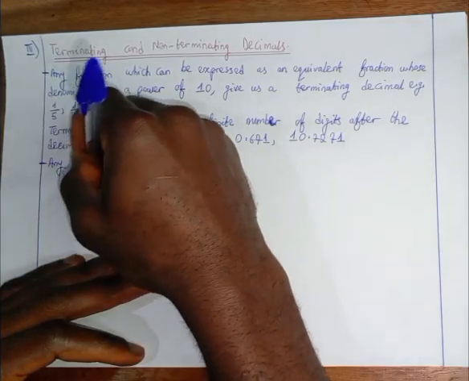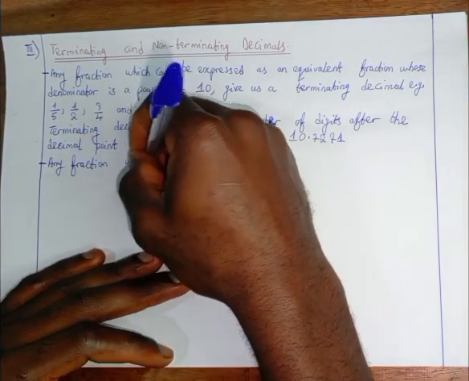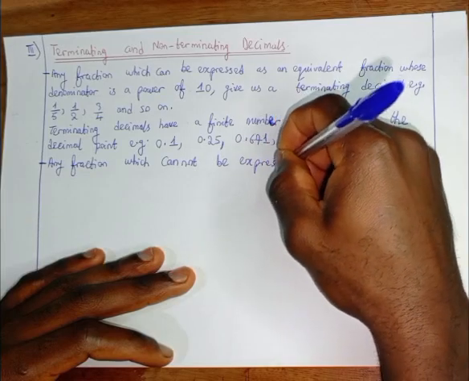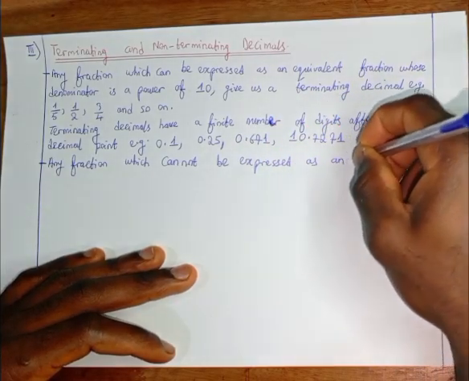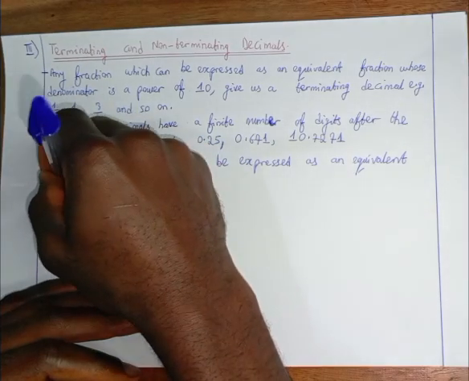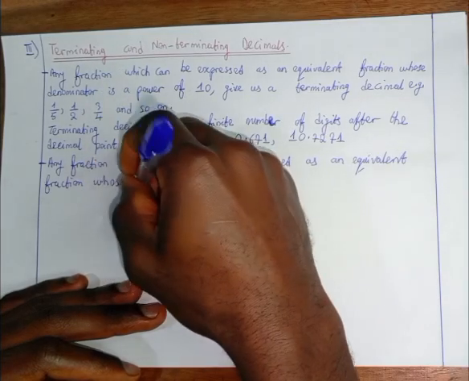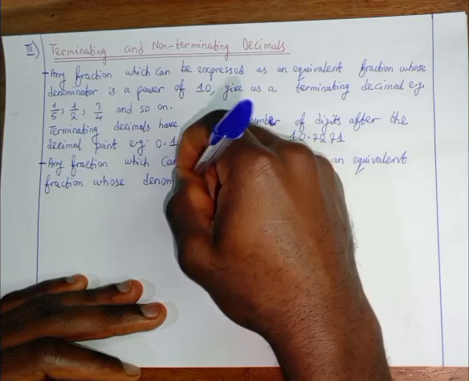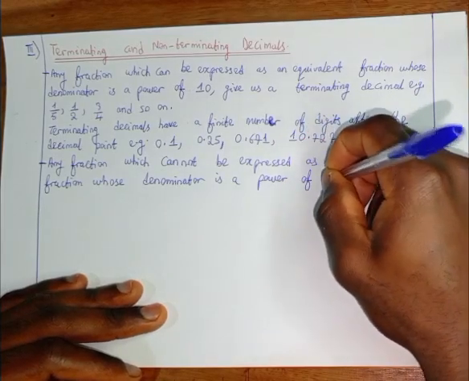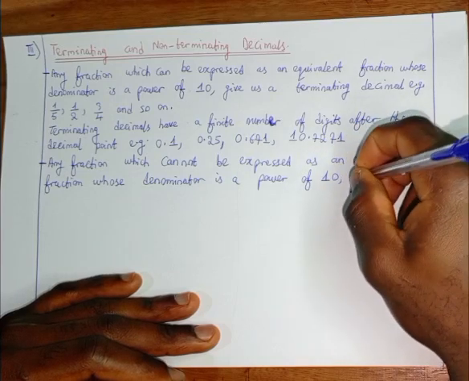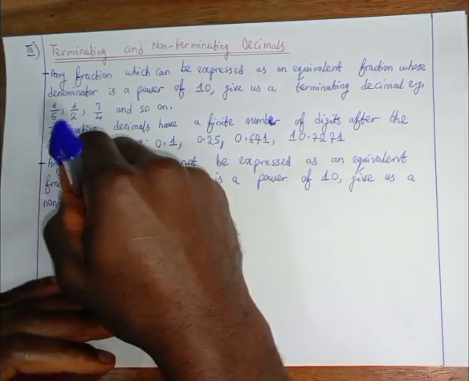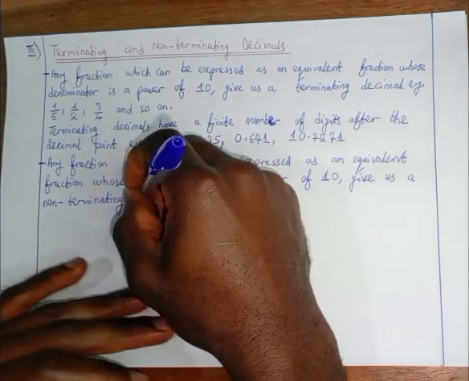Any fraction which cannot be expressed as an equivalent fraction whose denominator is a power of 10 gives us a non-terminating decimal.